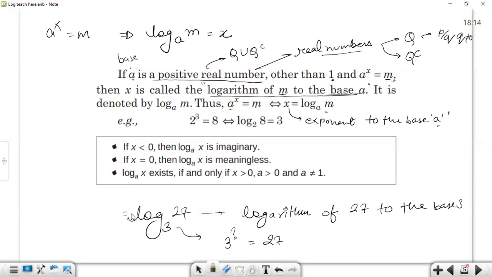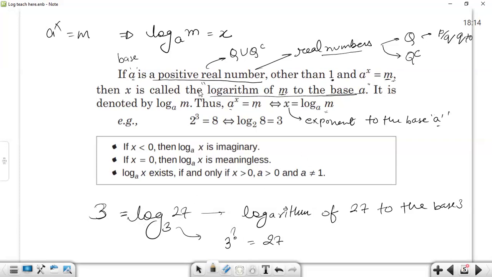So what will be its value? Come on, tell. 3 to the power 3. Yes, so 3's power should be 3 to become 27.